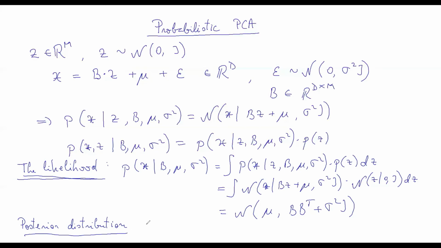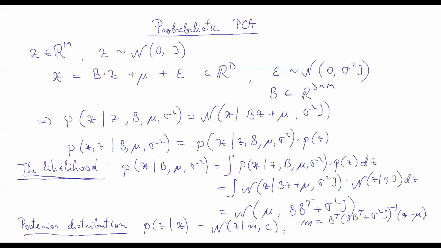This comes as the probability of z given some training set X. Again, after doing all these calculations, it turns out that this is a normal distribution with mean M and covariance C. M is exactly B transposed times (BB transposed plus sigma squared I) to the power minus 1 times (X minus mu).